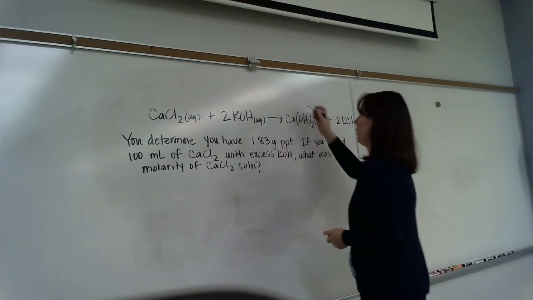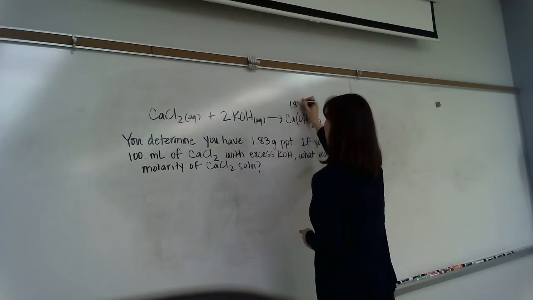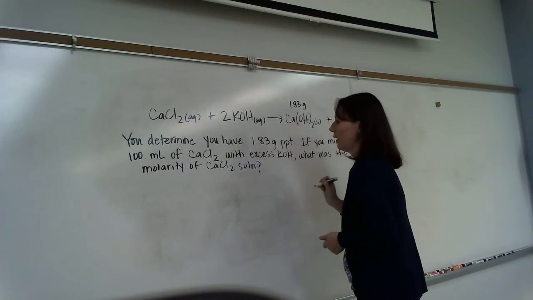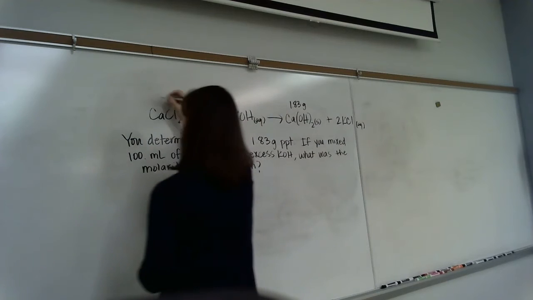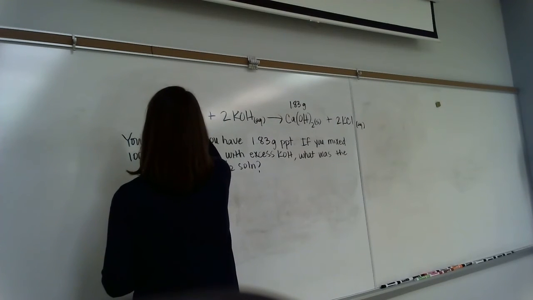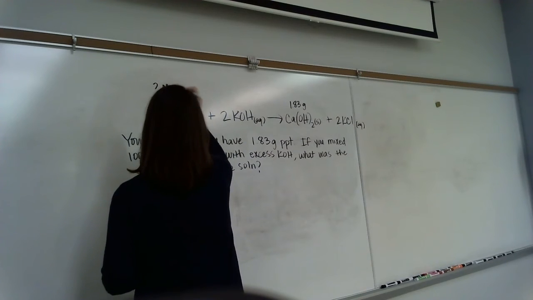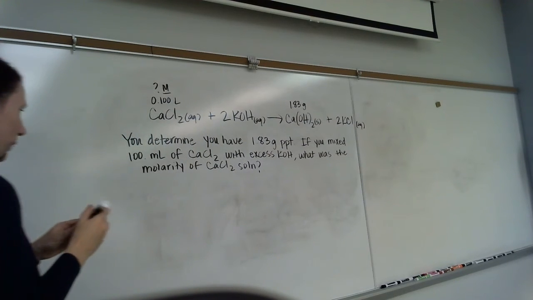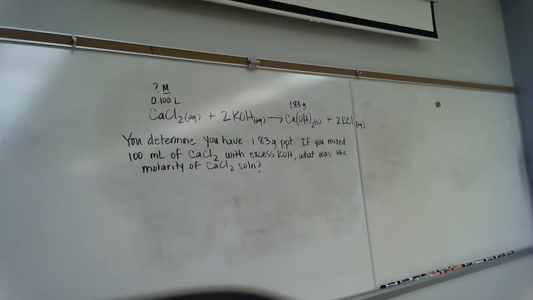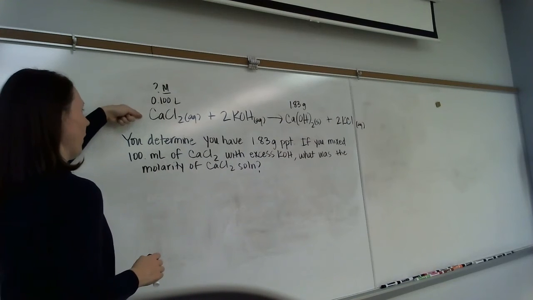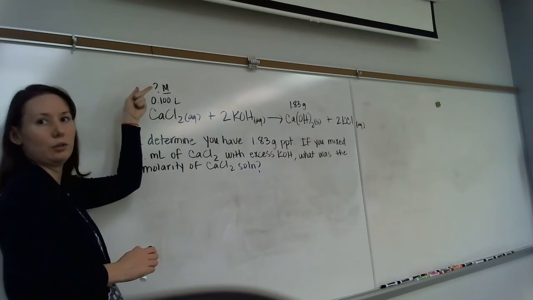So we've got 1.83 grams here, and we know that the volume here is 0.100 liters, and we want to know what's the molarity. So what information do we need in order to calculate that molarity? Moles of CaCl2, and then, do I have everything I need to do molarity?